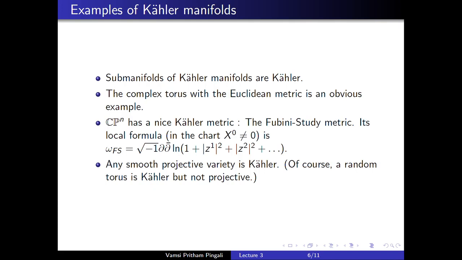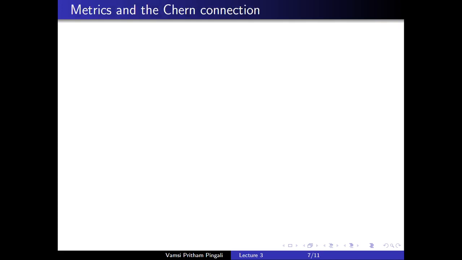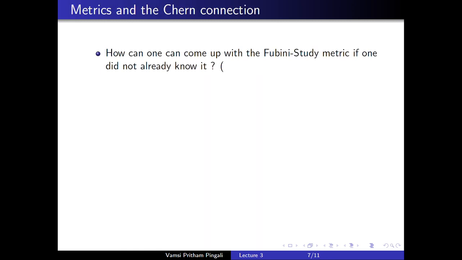But if I didn't tell you that little thing, you wouldn't have come up with it, right? So is there a systematic way of coming up with Kähler metrics? There is. The answer, you may not know what it means yet. You'll know by the end of this lecture.